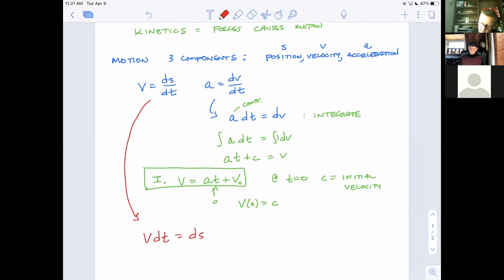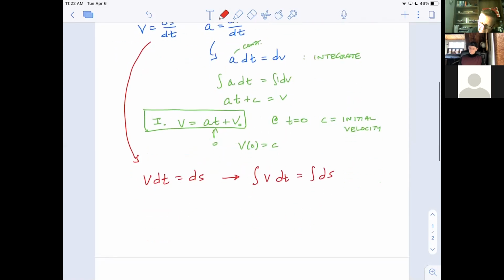And so if I integrated those again, so that I have the integral of v with respect to t, which I need to write as dt, the integral of v with respect to t equals the integral of ds, doesn't that integral of v, if you will, grow a t? And that one, the integral of 1 with respect to s, would grow an s.